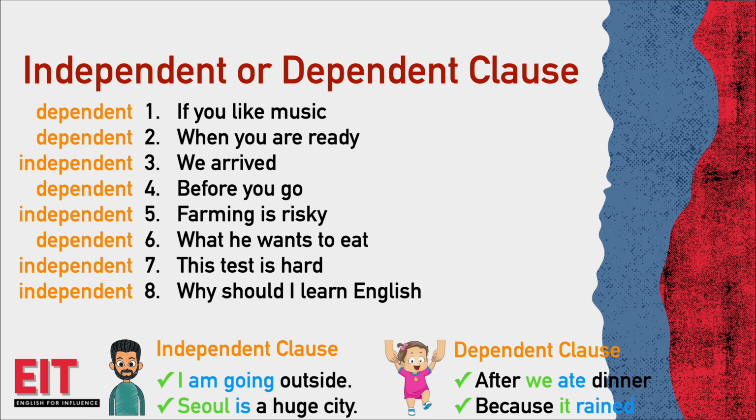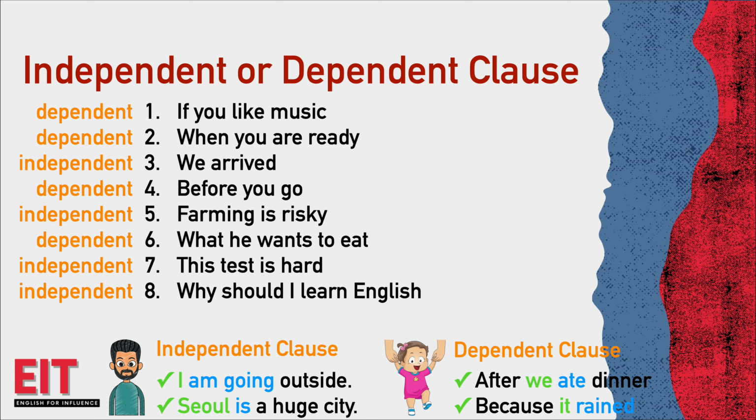Okay, now, how do you distinguish between independent and dependent clause? The first thing is you need to ask yourself, does it make complete sense? Does it have a complete thought? Like if you try to separate it from the rest of the sentences you have, does it make sense? Yeah, so that would be the first test.